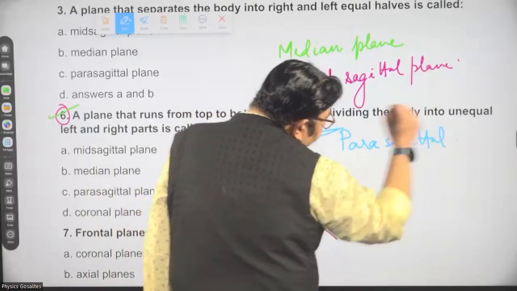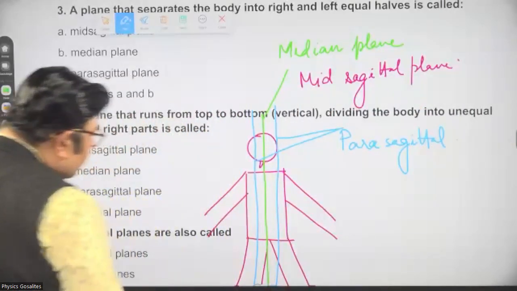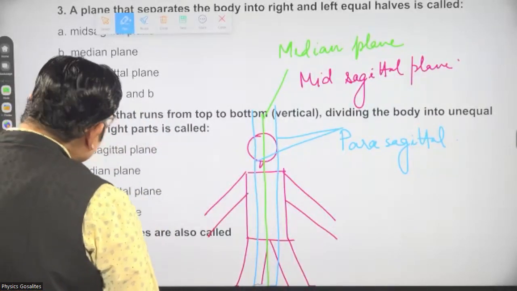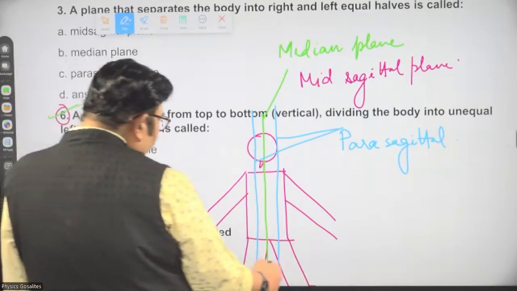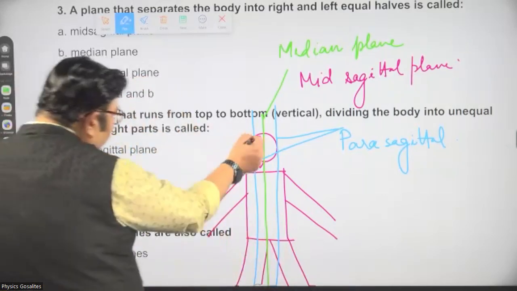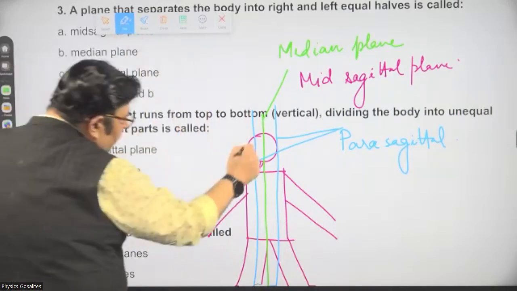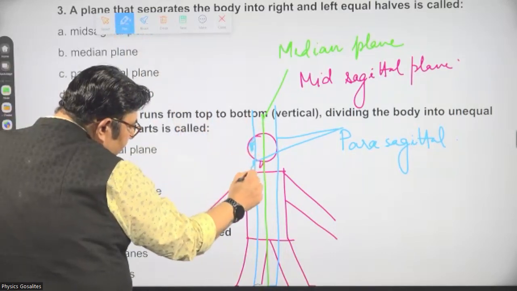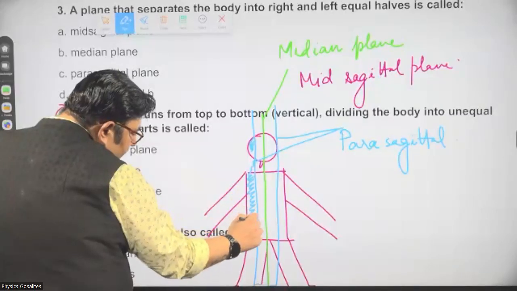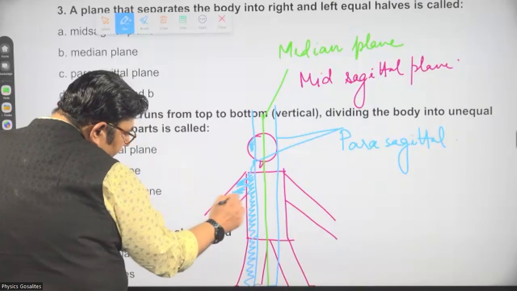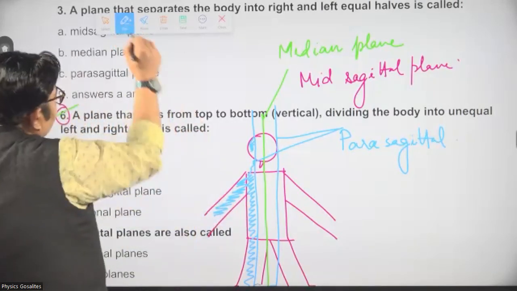Now when you cut the body through a parasagittal plane, just take any parasagittal plane, and suppose you take this one and see what halves you get. One side is a little smaller, and the other one is bigger.